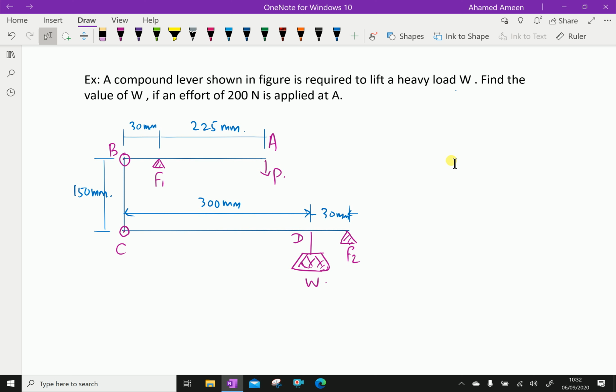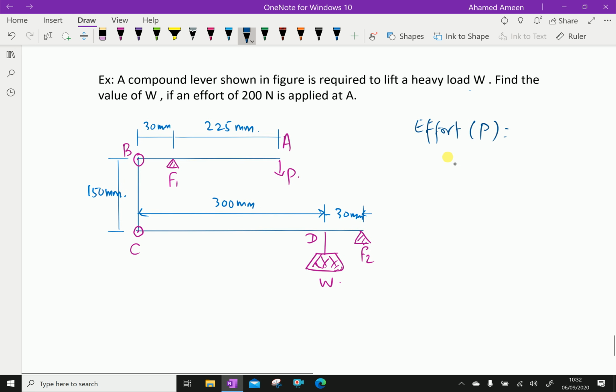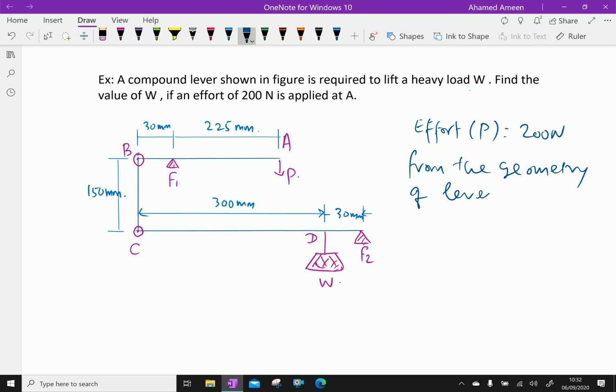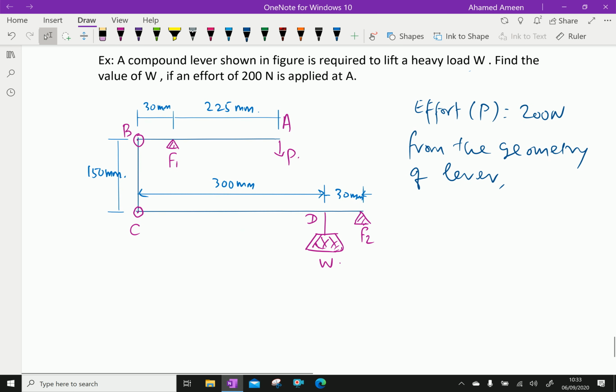Effort P is given as 200 Newton. Then from the geometry of the lever, here F1 and F2 are fulcrums.